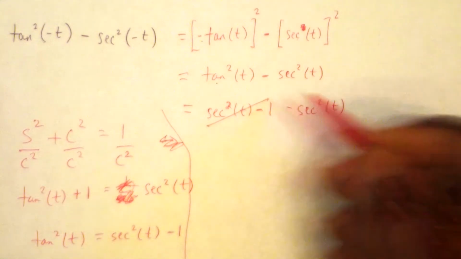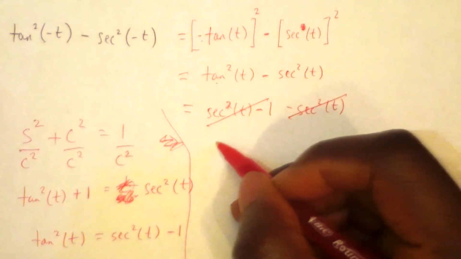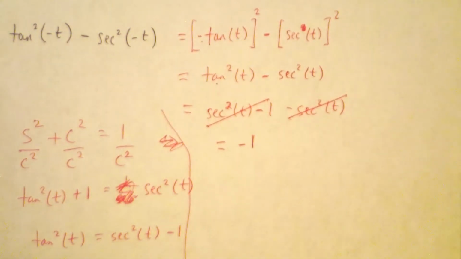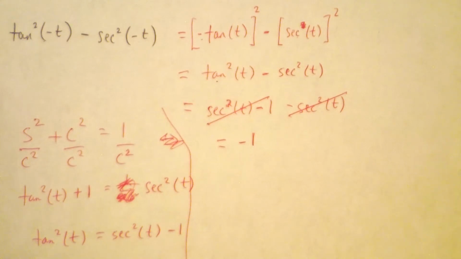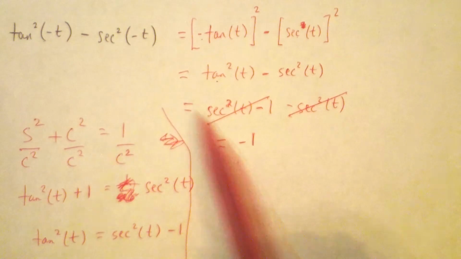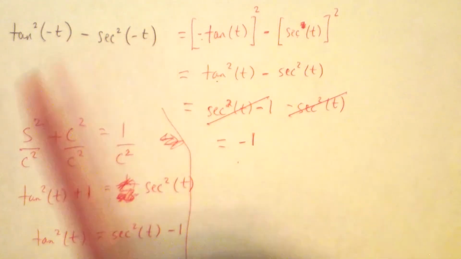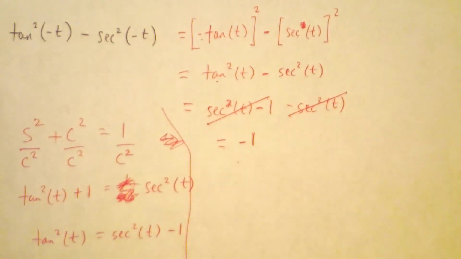Of course, these cancel to 0, and we see that our actual answer ends up being -1. This would be an identity, because no matter whether t was positive or negative, or what the angles are, it would always end up being -1 no matter what.